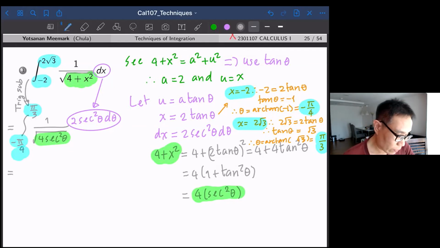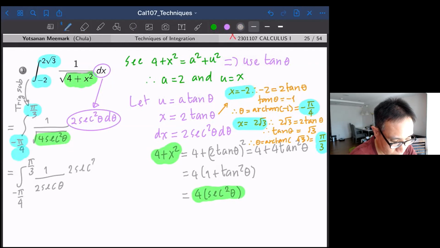And now let's forget about the limit a little bit. So it's going to be just copy pi/4, pi/3 like this. And you see that this one can be simplified into 2 sec theta. Okay, and you have 2 sec square theta d theta. And this allows you to get rid of 2 and 2, and a secant.